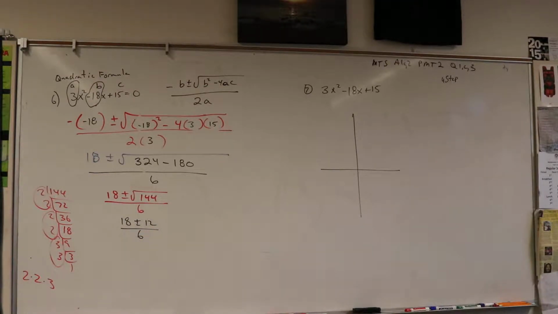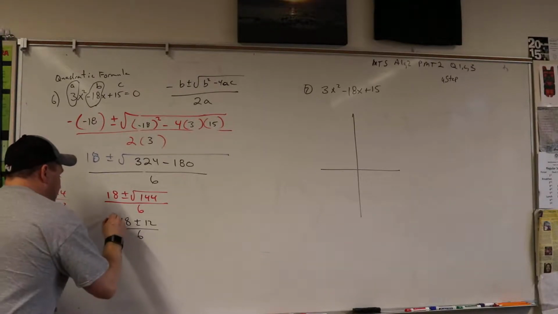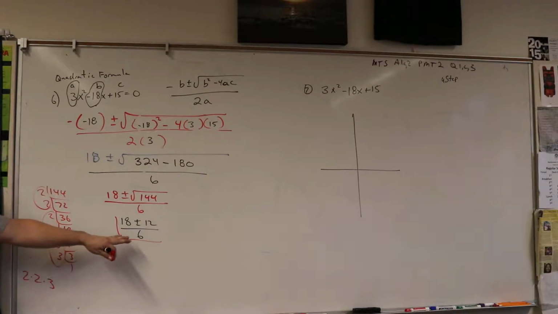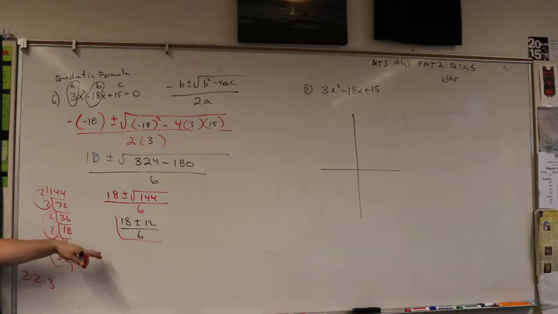Now, you could make this easier for yourself if you pulled out a number that goes into all three of those. What goes into 6, 12, and 18? 6.